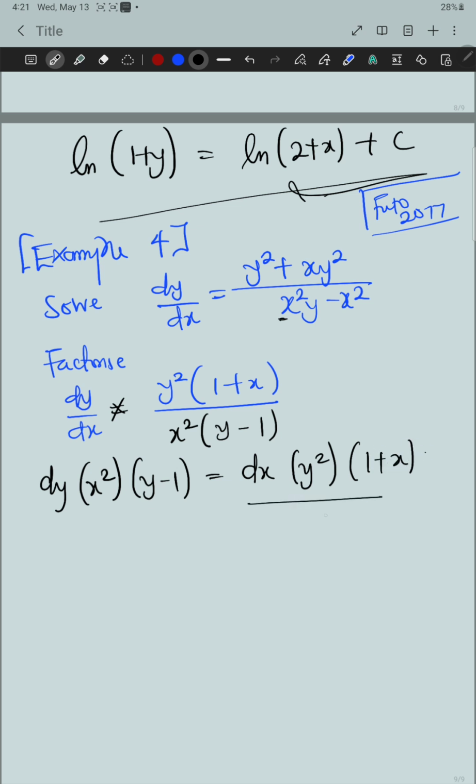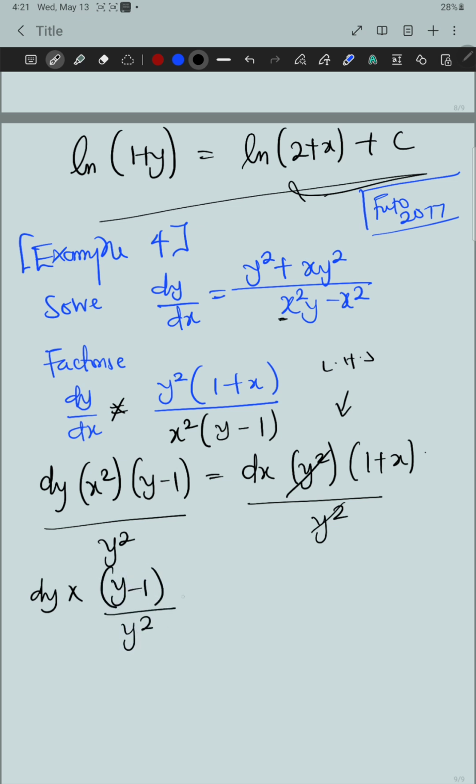So let's divide through by y squared because I want y to be on the left hand side, LHS. Do you understand? So this goes there and I have y squared here. What I have now is dy multiplied by y minus 1 divided by y squared multiplied by x squared is equal to dx into the bracket of 1 plus x. So I want every x to be on this side and every y on this side.